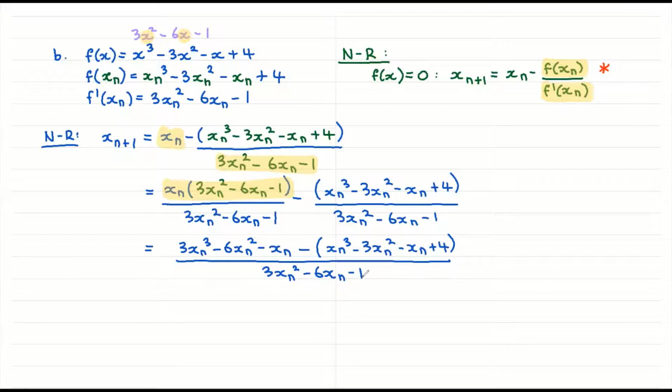Now, what I can do is expand the bracket on the right-hand side just by changing the signs and then collect like terms to get our final expression. So this is going to be 3xn cubed, subtract 6xn squared, subtract xn. Now then, because I have a negative in front here, multiply everything by -1.